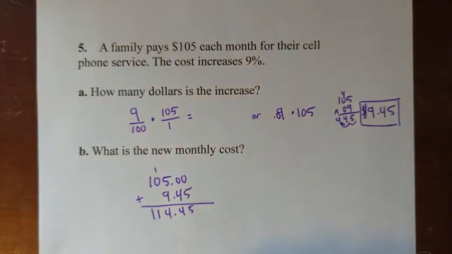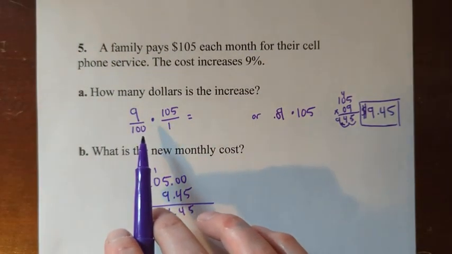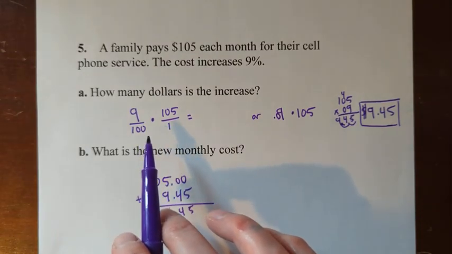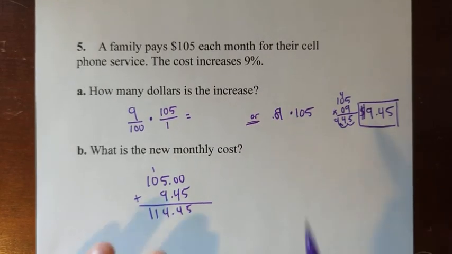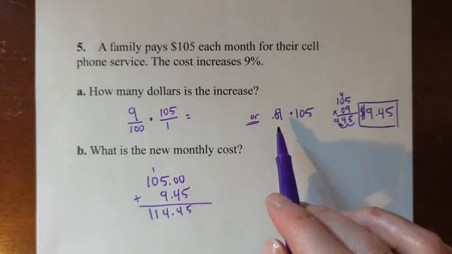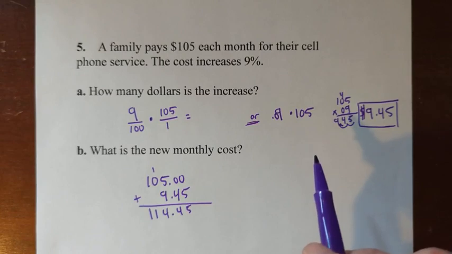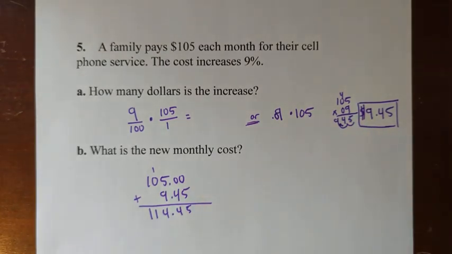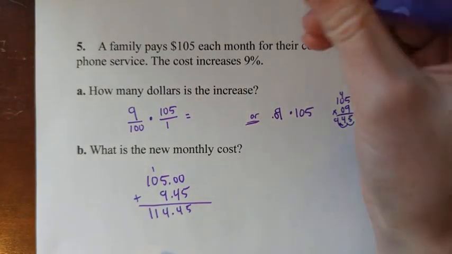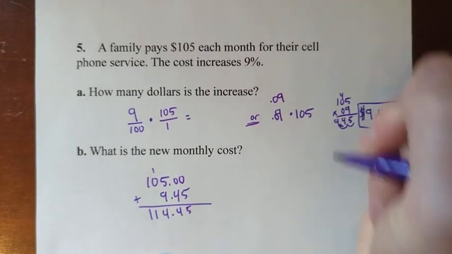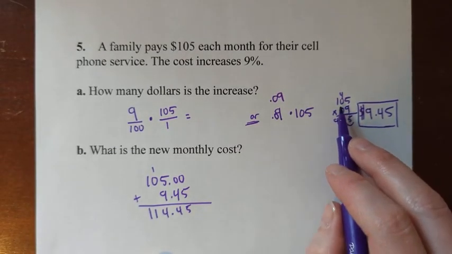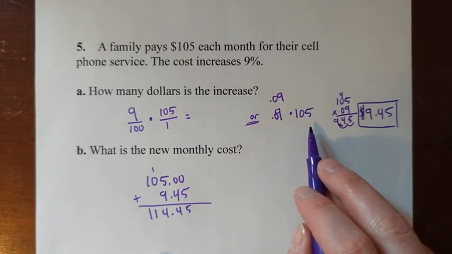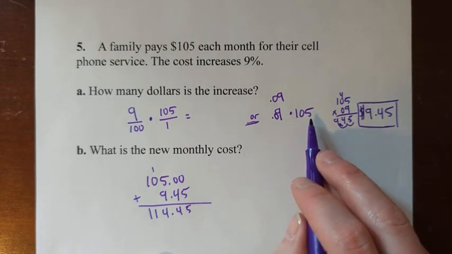All right, so I started doing a fraction and I was like, I don't want to do that. It just looked complicated. So remember, you can also do a decimal. I almost wrote this wrong because I wrote 0.9 and I was like, that's not going to be right. I remembered I forgot my 0. So 9% is 0.09 as a decimal. I took 0.09 and multiplied it by my 105 because it's 9% of 105.